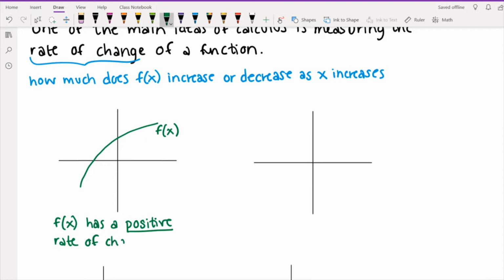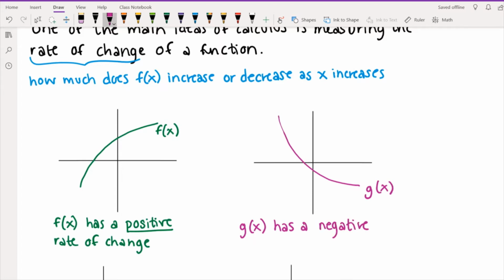And similarly, if you have a function that goes down from left to right, something like this, let's say this function is called g of x. This would be an example of a function that has a negative rate of change.